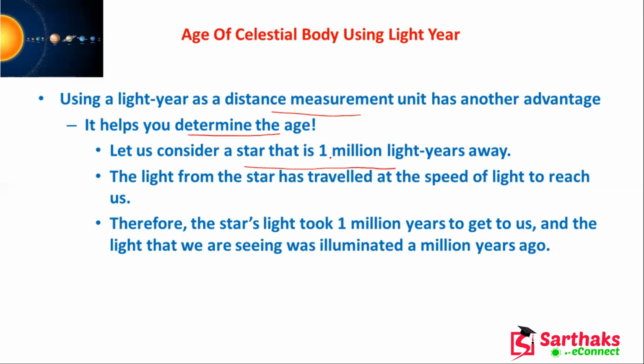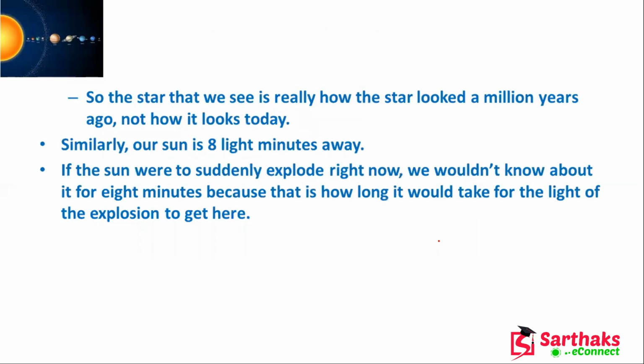So the star's light took 1 million years to get to us. The light that we are seeing was emitted a million years ago. So we can find out the age of the celestial body, and how far the star really is, by using the light year.